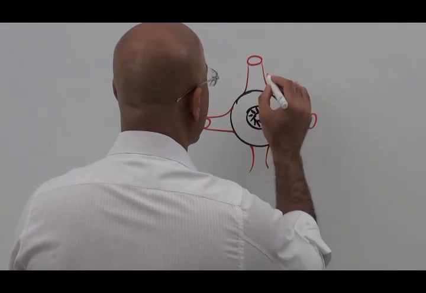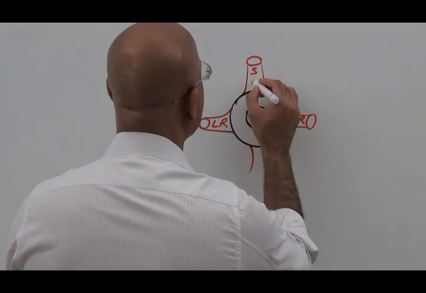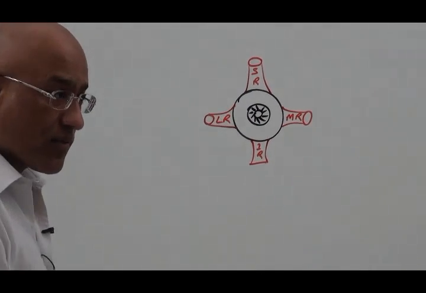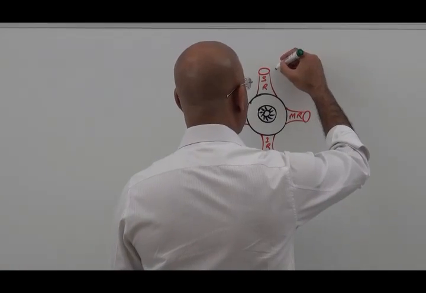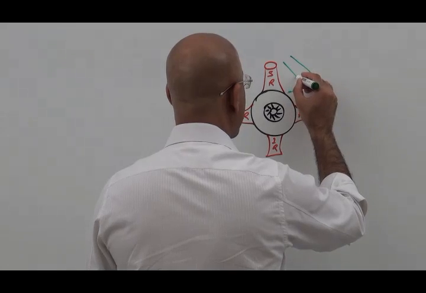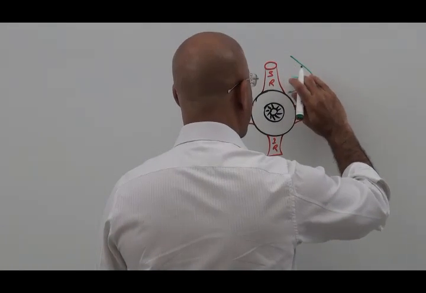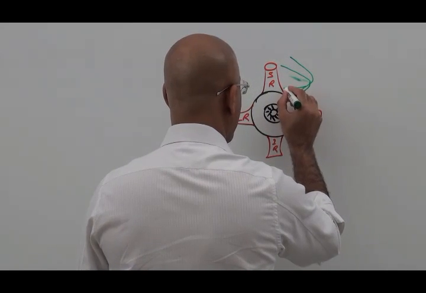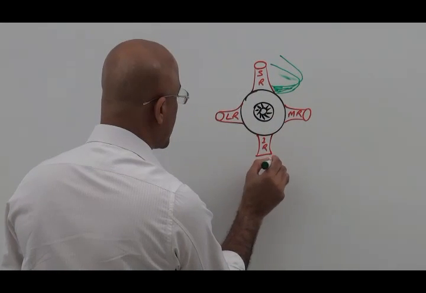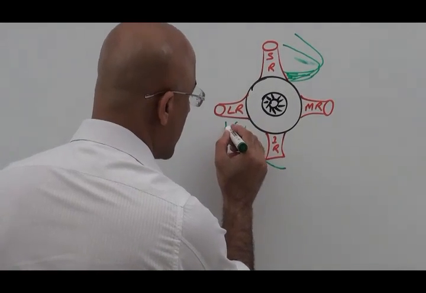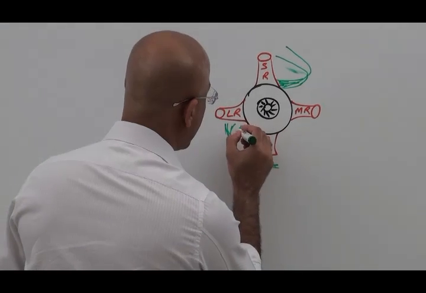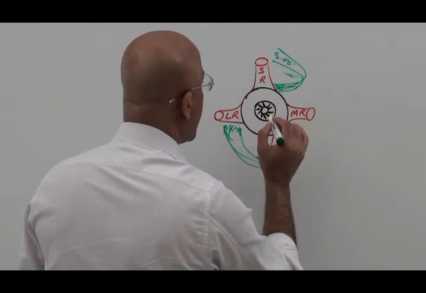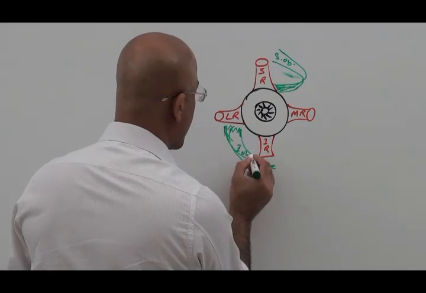So medial rectus, lateral rectus, superior rectus and inferior rectus. Then there are obliques, right? You know that superior oblique will come from that direction. Superior oblique, and the inferior oblique is coming over here. So this is your superior oblique, and here it is inferior oblique.